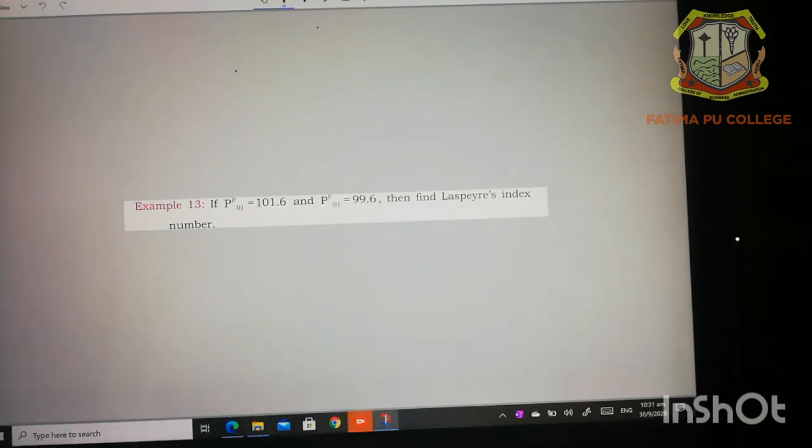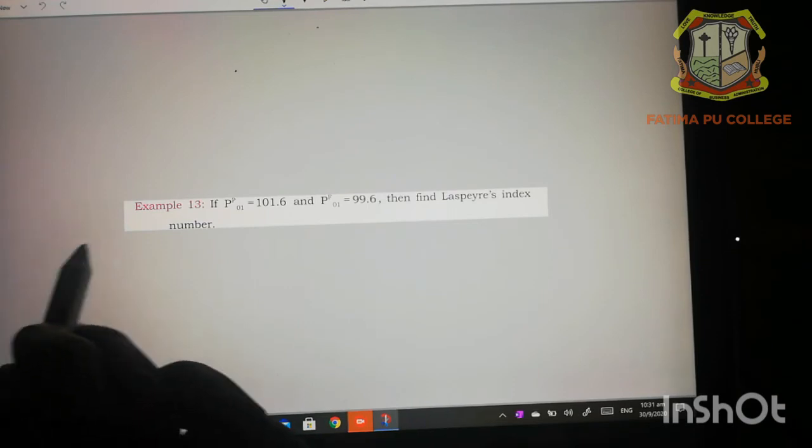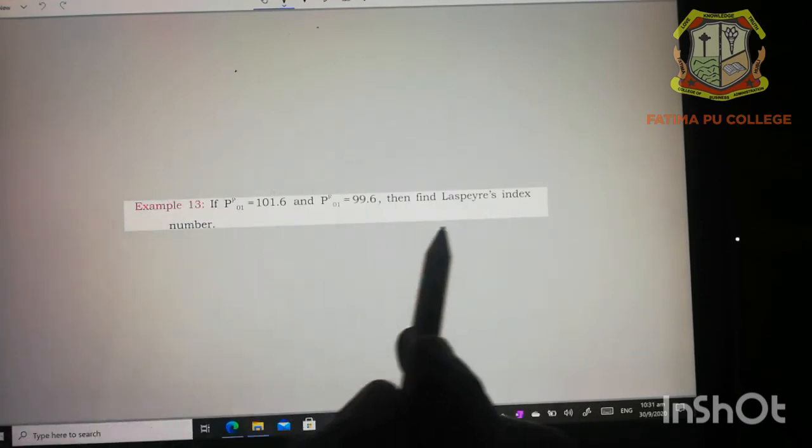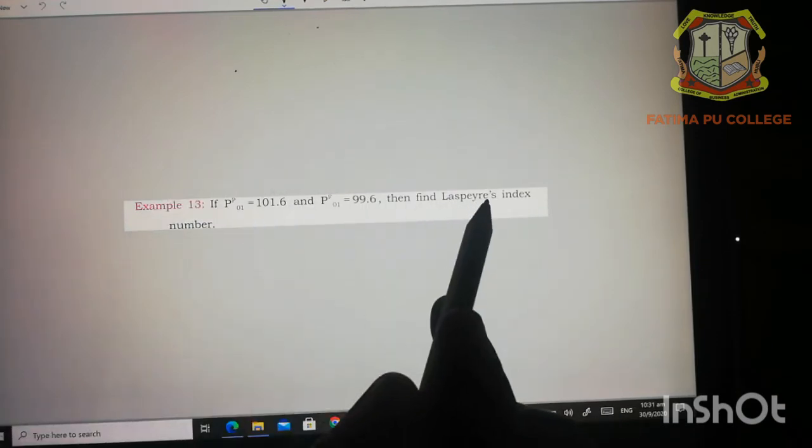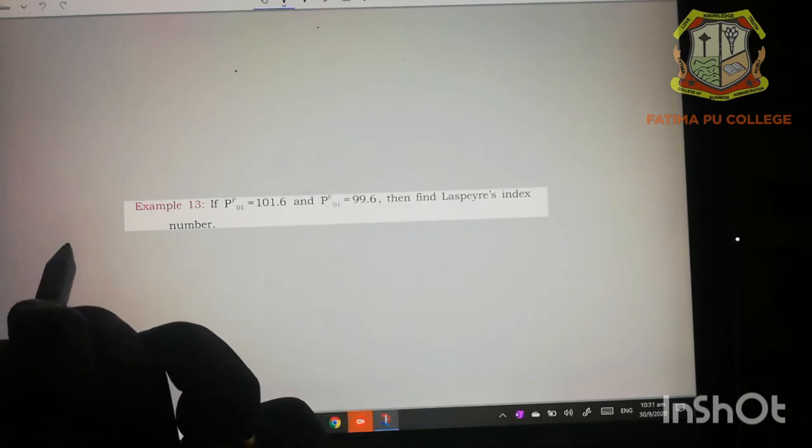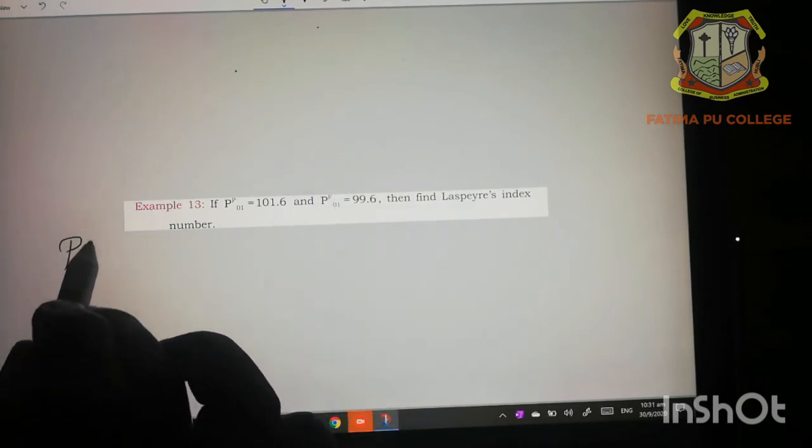Same, but taking Fisher's relationship between Laspeyres' and Paasche's index number, students. Whenever you come across this, what is the relationship between these three? Paasche's, Laspeyres' and Fisher's. It is given by this formula.